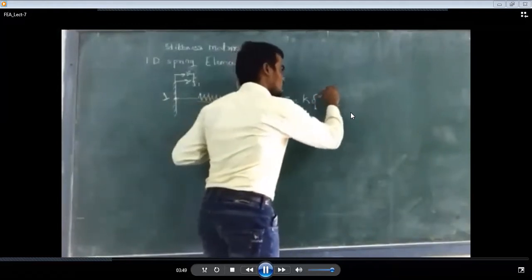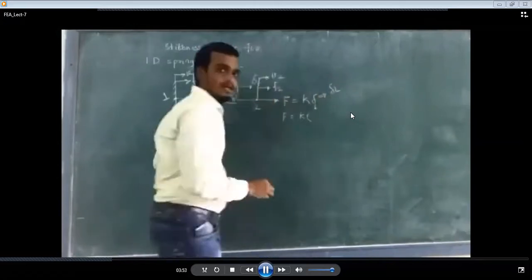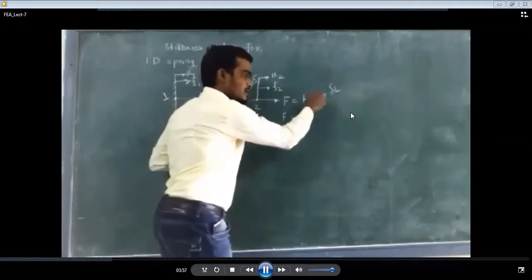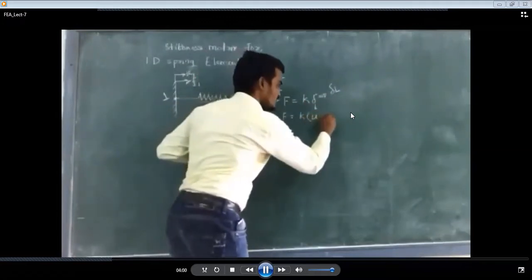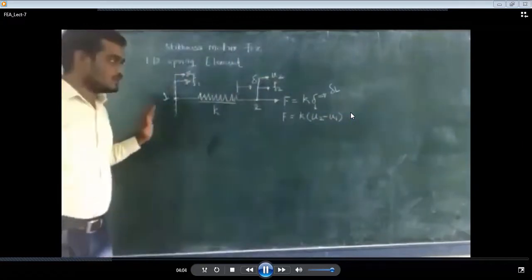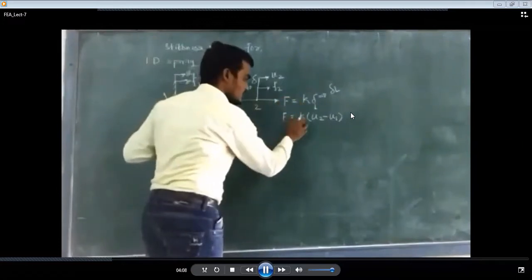For the one-dimensional bar element, we considered this deflection as delta L. Now, in this case, we will consider the deflection as delta, which is equal to U2 minus U1.